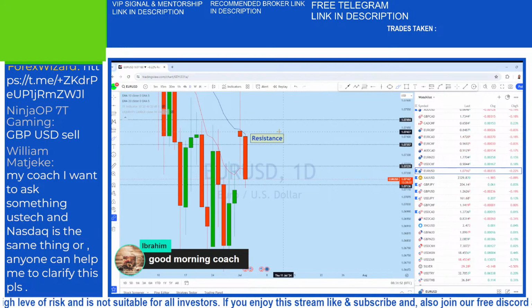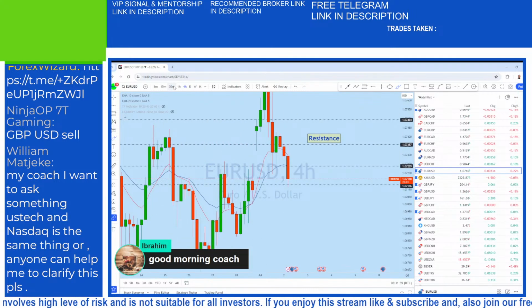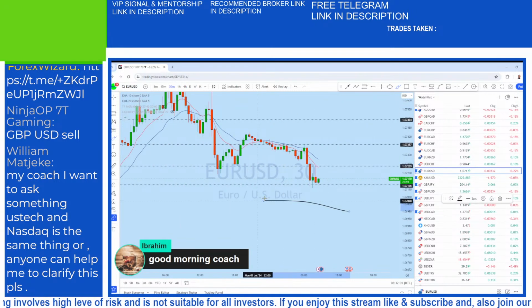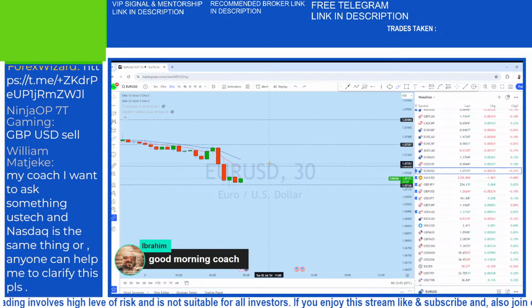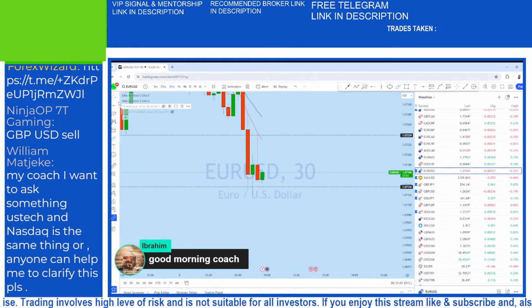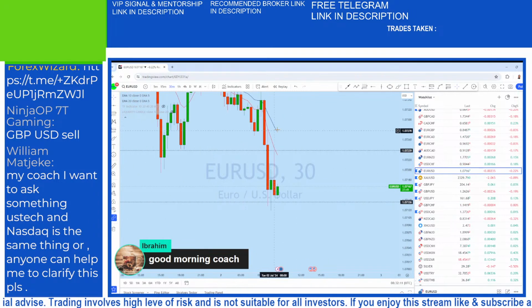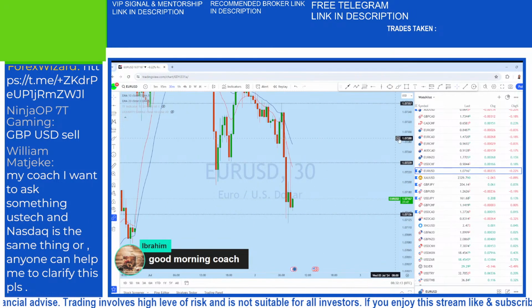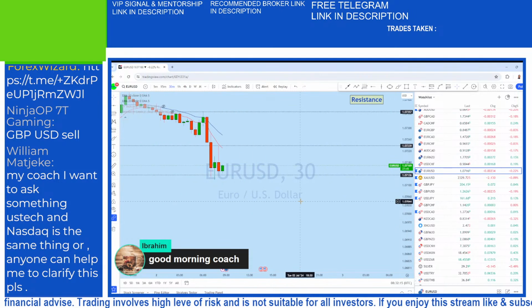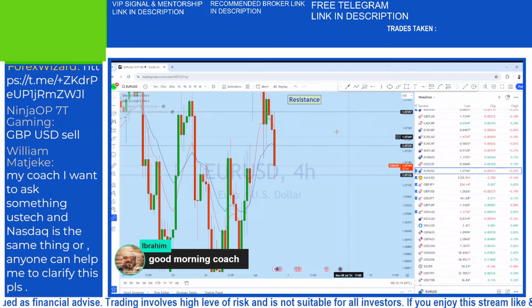If you look at the daily, any bounce can be an opportunity for Euro dollar to drop down. On the 30 minutes, here is the 30 minutes resistance. There's a bearish engulfer, and with the news, if Euro dollar is moving back up, it could be an opportunity for us to look for a selling opportunity on Euro dollar.